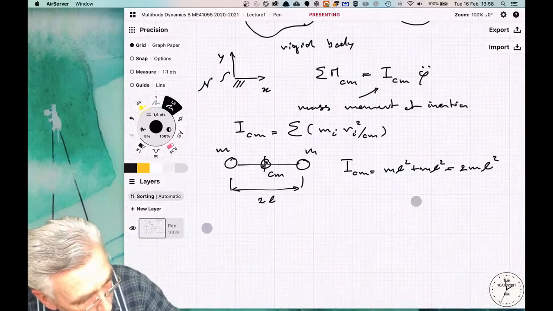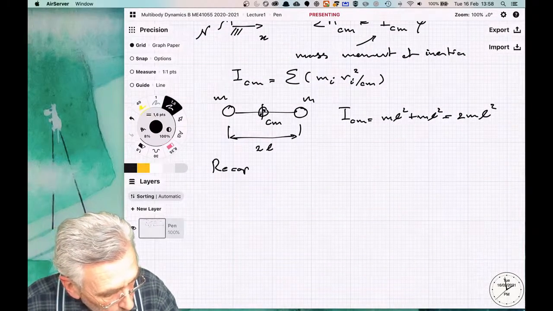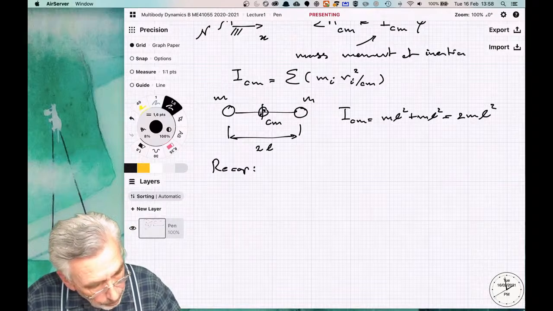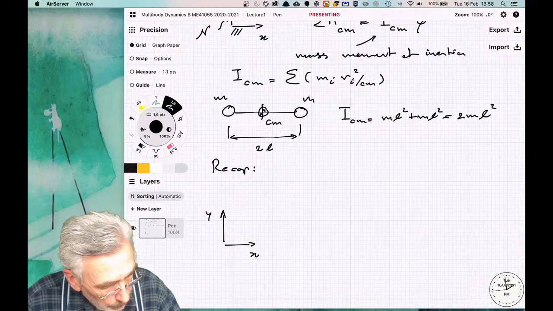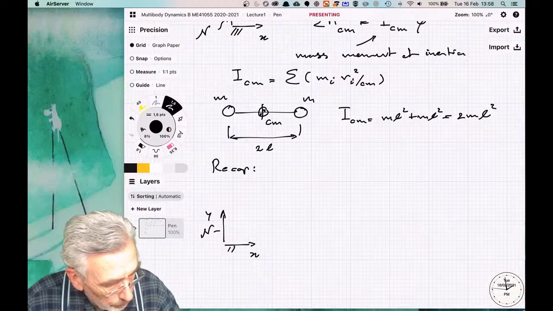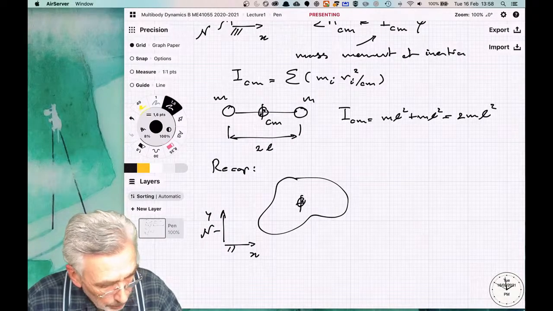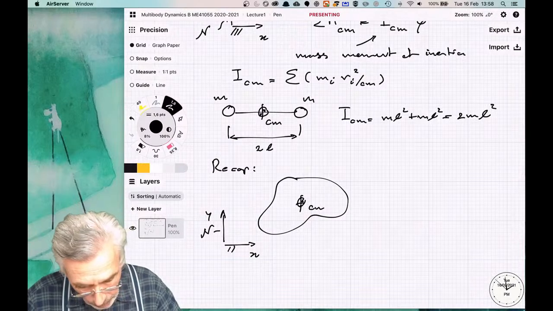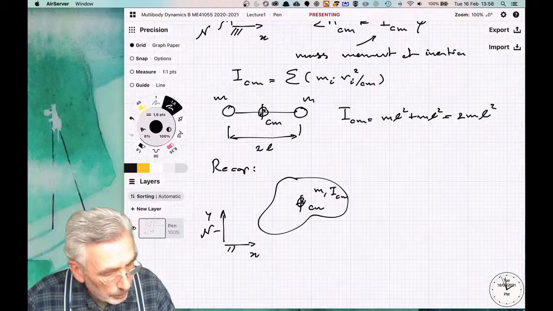Okay, so let's recap. So for one rigid body, let's take this inertial frame again, x, y, inertial frame. We have this one rigid body. We have a center of mass here, CM. At the CM we have a mass and we have a mass moment of inertia.